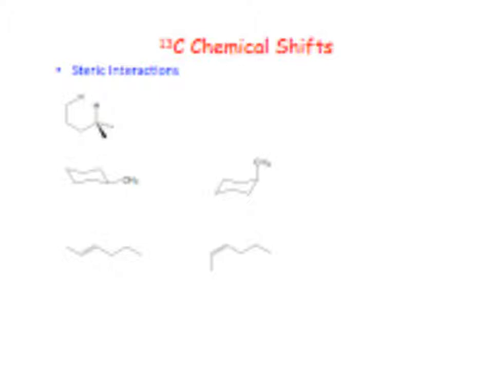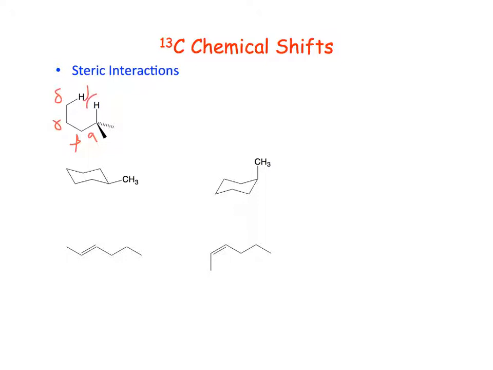If we have a carbon that we're looking at, with alpha, beta, gamma, delta positions, and these positions are crowded close to each other, those electrons get repulsed and the electron density gets pushed back onto the carbons.